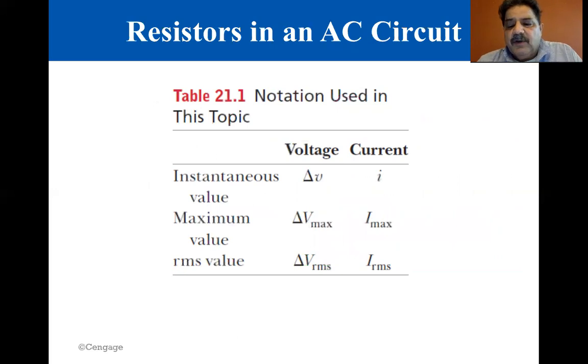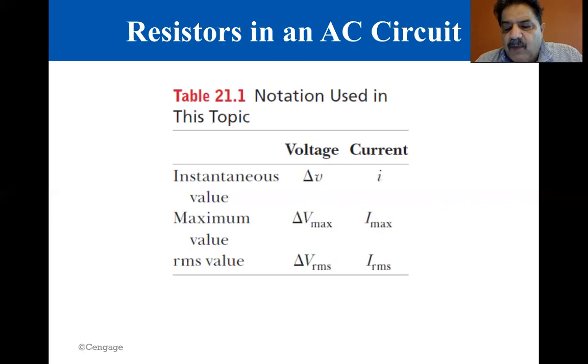In this topic, we use rms values when discussing alternating currents and voltages. One reason is that AC meters and voltmeters are designed to read rms values. Also, if we use rms values, many of the equations for alternating current will have the same form as those used in the study of direct current circuits.